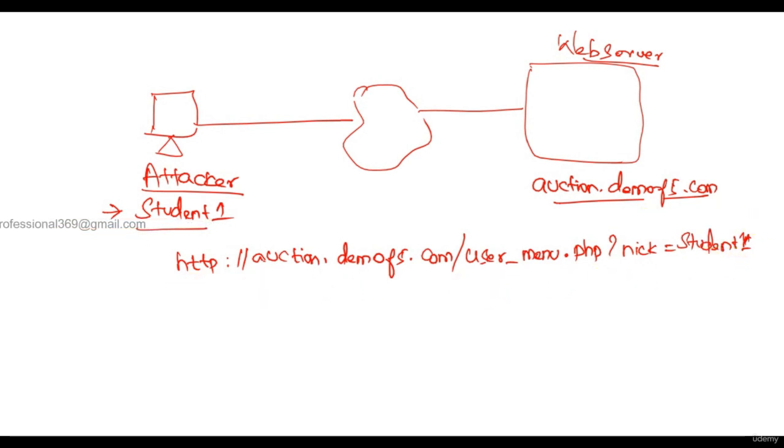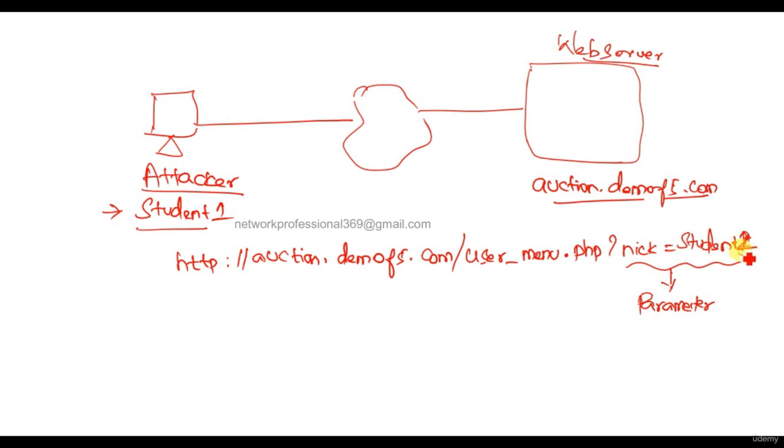What he will do is manipulate the parameter, meaning whatever comes after the query string. This is called the parameter. He will manipulate this parameter value and retrieve the information of other students as well. For example, if he puts student2 in the URL, and the server is vulnerable in such a way, he can retrieve the information of student2 also, which he is not authorized to see.